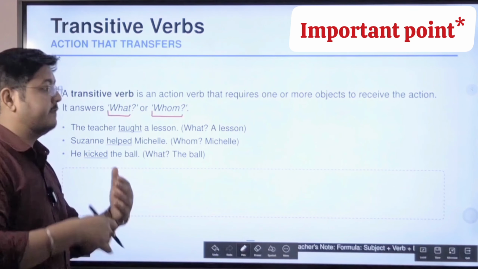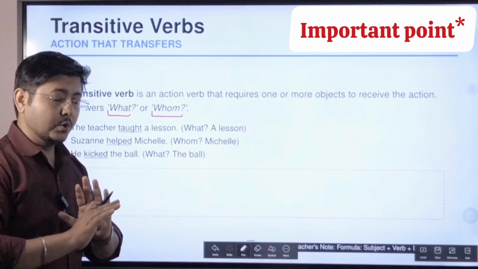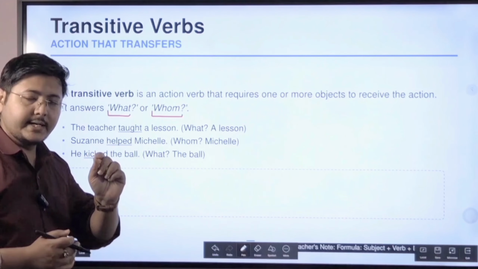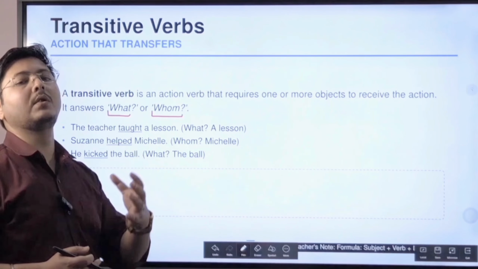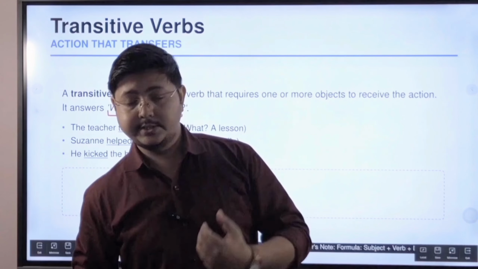If you're getting the answer of any other question like how, when, where, those cannot be considered the object of the verb. You need to get the answer of what or whom in relation to the verb. Only then can you call the word an object of the sentence, and then the verb becomes a transitive verb.